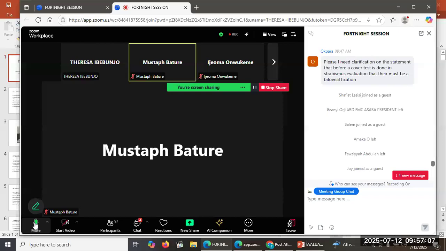Otherwise, you will not get an appropriate result. Especially after uncovering the eye, if there is suppression or loss of vision in that eye, then it means the child cannot fixate on the other.